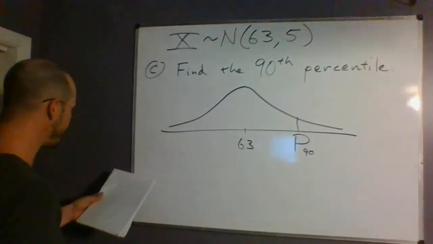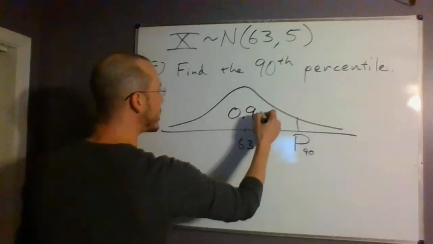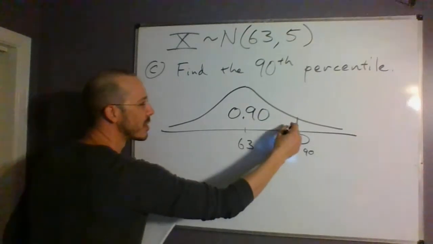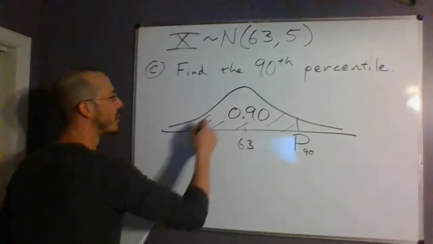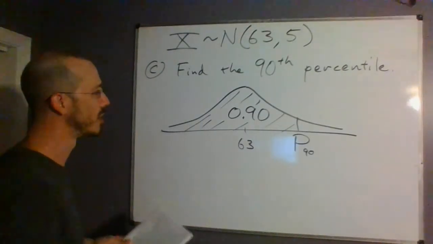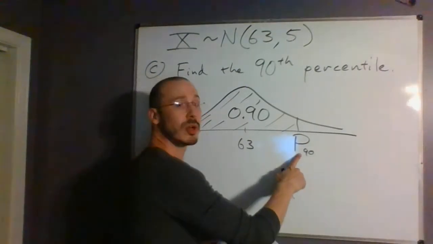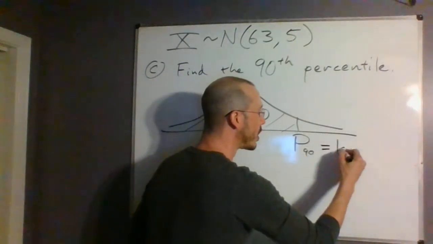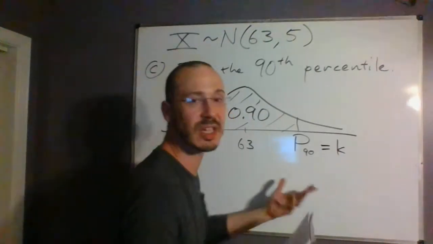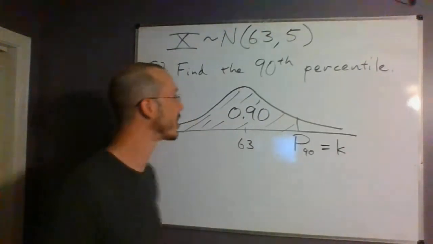Let's see. So if this is 0.9 or 0.90, whatever, that's the area to the left of the P90, the 90th percentile. That's the value that we're looking for. The book enjoys calling this number K. It doesn't have much meaning just as a constant, but it is quicker to write than P90, so you might like K also.